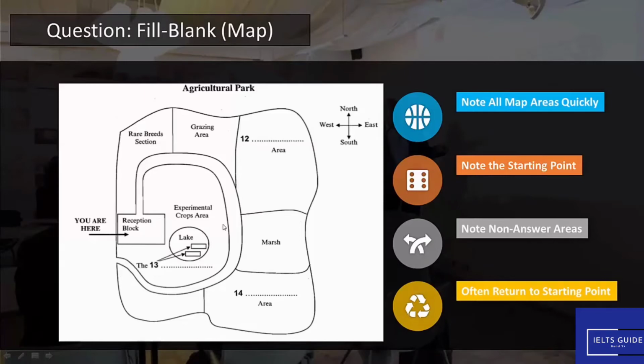The map area can be challenging for some students, but you have to really watch out for directional language. That's what they're testing here. They're testing your ability to recognize directional language: next to, above, northeast corner of, across, next to, below. Right? So that's what you have to be able to really listen out for with that kind of question type.